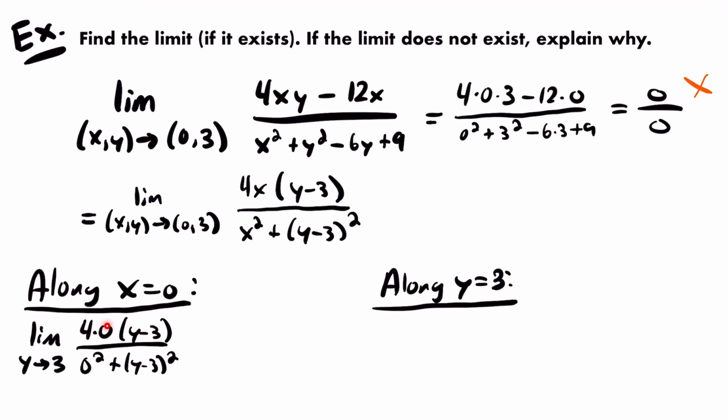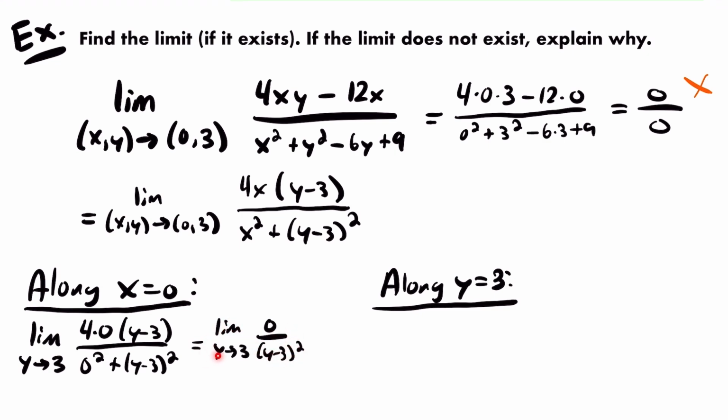All right, now in the numerator, you're just going to get 0 because you have 4 times 0 and then 0 times that quantity. The whole thing just becomes 0, so you have the limit as y approaches 3 of 0 divided by that denominator, which will just be y minus 3 squared because you're just adding 0 to it. So you have y minus 3 squared, but that will just be 0 divided by that quantity, which will be 0.